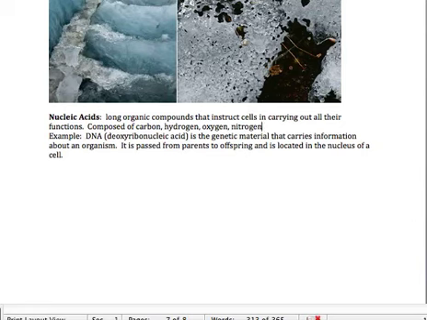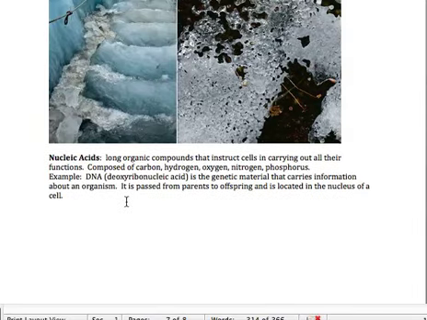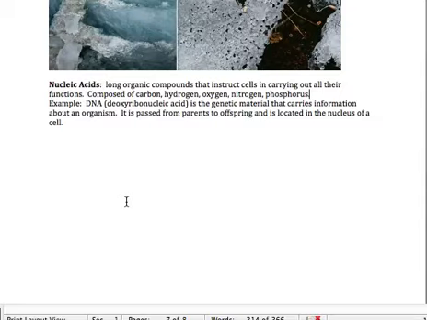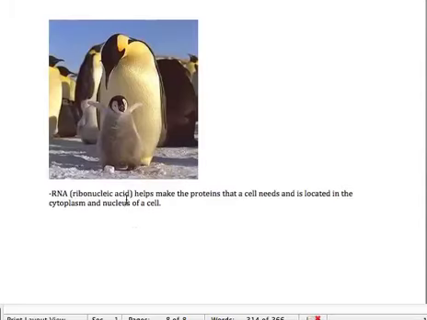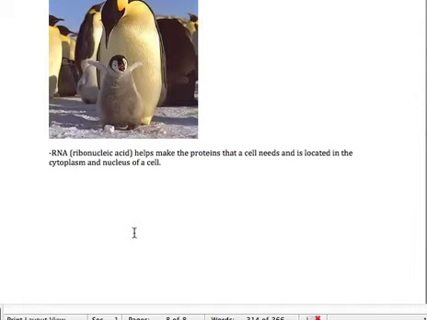But the difference between a nucleic acid and a protein is that in addition to the nitrogen, nucleic acids also contain phosphorus. And the two examples we use in class are DNA, which is the genetic material in cells, and RNA, which makes proteins in cells.